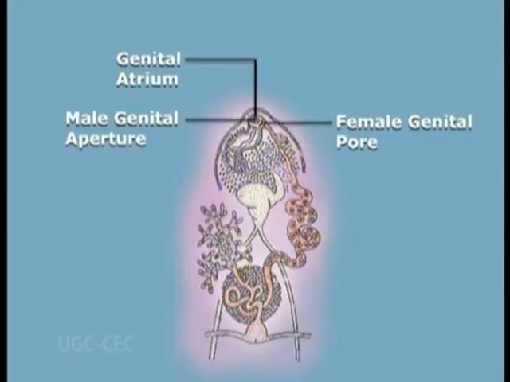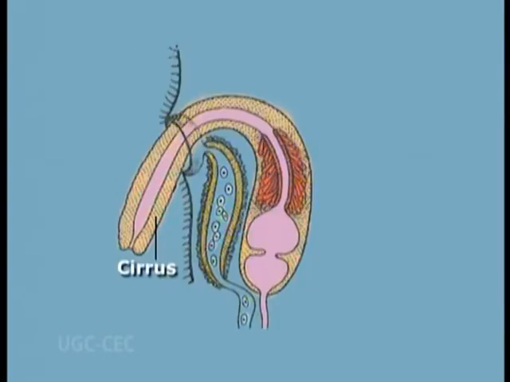Now, let us see a slightly enlarged figure. You can see in the enlarged figure the male genital aperture, female genital pore and genital atrium. Now, during the breeding season, the male reproductive organ will develop a cirrus like structure and cirrus sac.